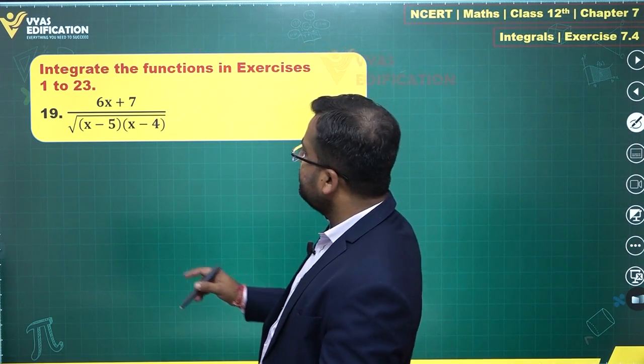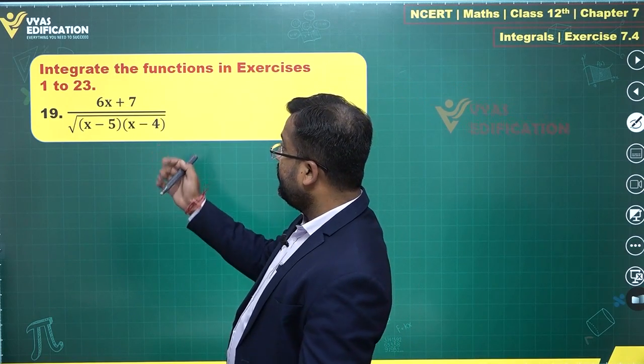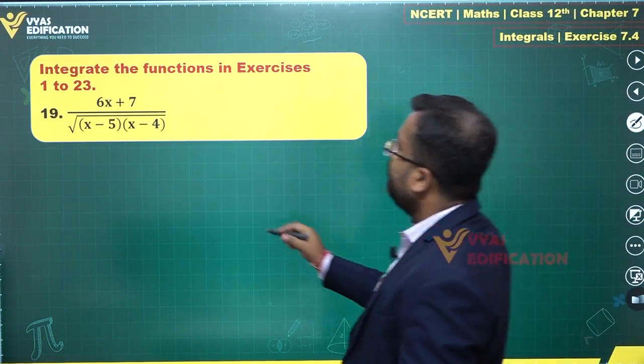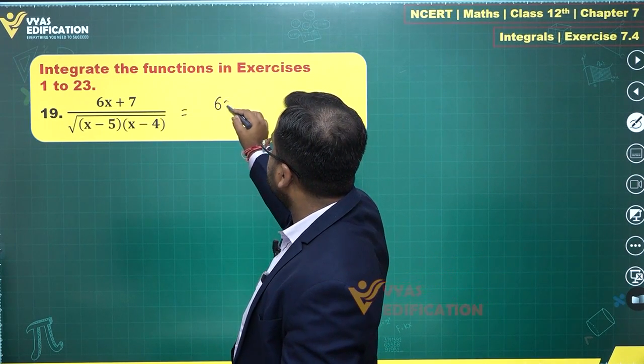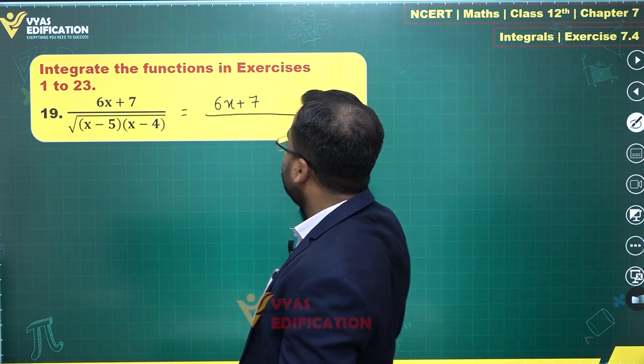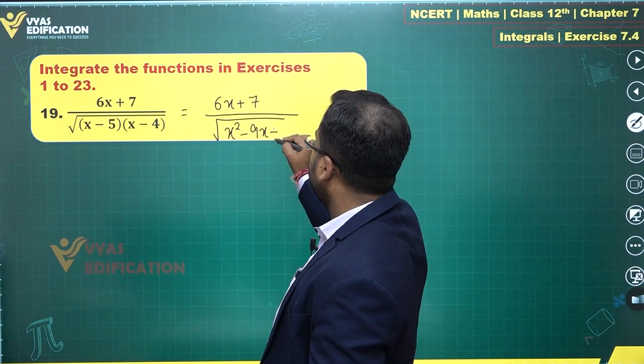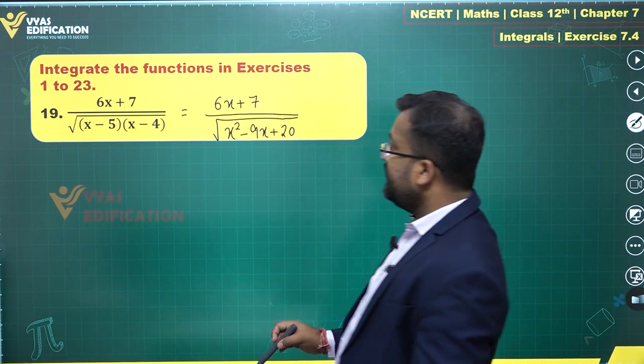The way to handle this is, once again, in the denominator you have x. Let me write this expression first of all in another form, that is, this is 6x plus 7 is okay, and in the denominator you have x square minus 9x plus 20. Do you observe this? Yes.